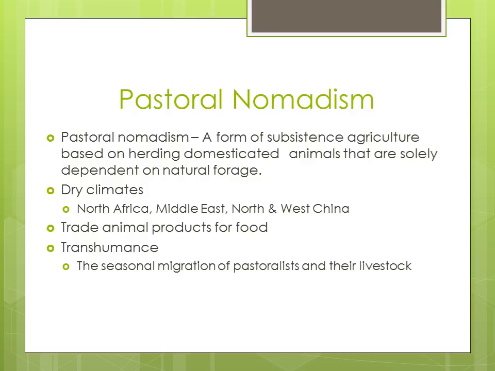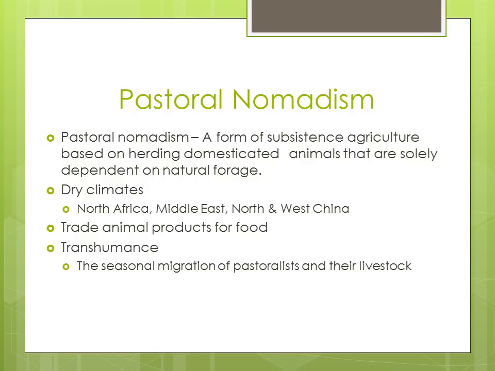We typically see this in dry climates where most other agriculture is not viable, in arid as well as semi-arid climates, areas like North Africa, the Middle East, North and West China. Central Asia is another area where we see a lot of nomadic herding.